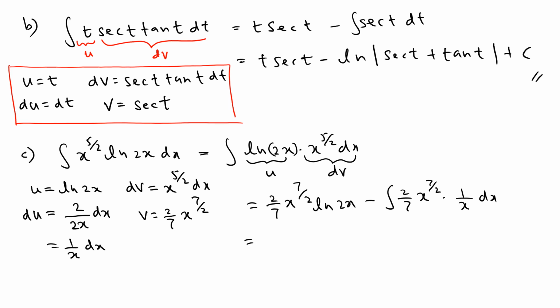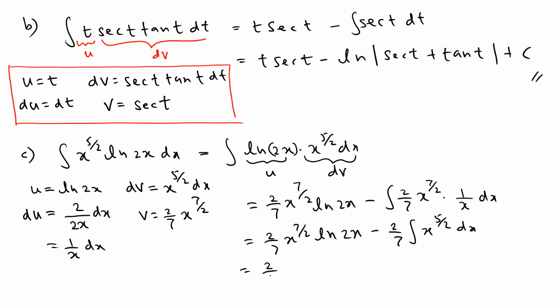And then you can see this is 2/7 x^(7/2) natural log 2x minus, I can pull this out, and you can see you can simplify. If you simplify, you're going to get x^(5/2) dx. So this is very easy to integrate.